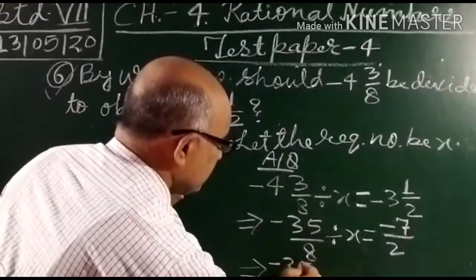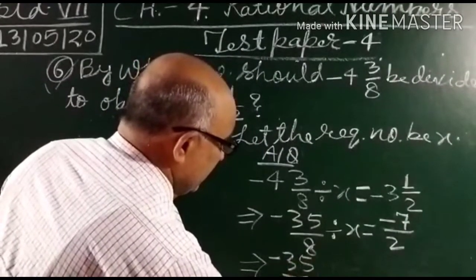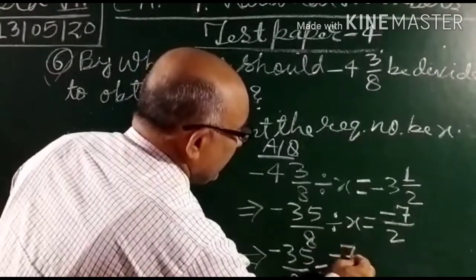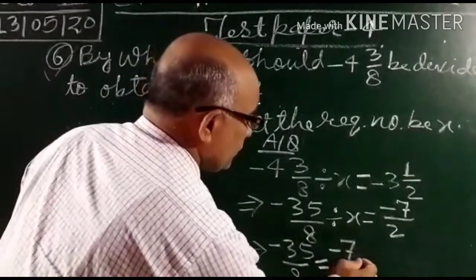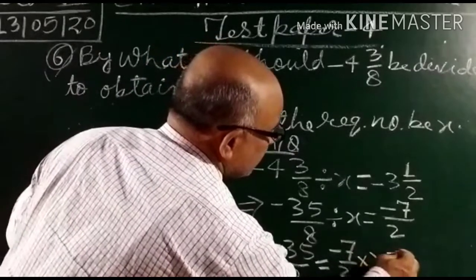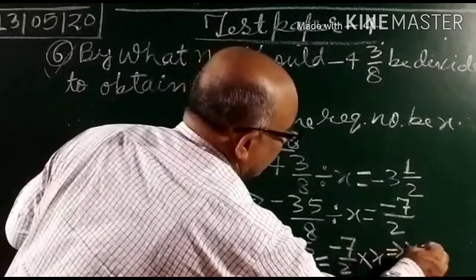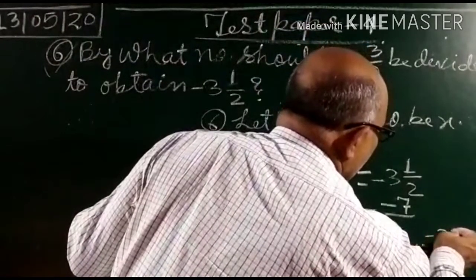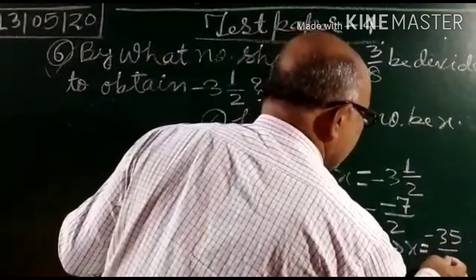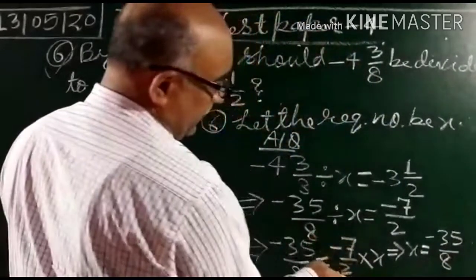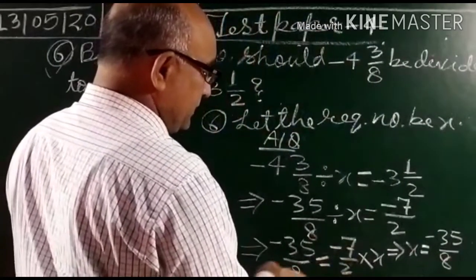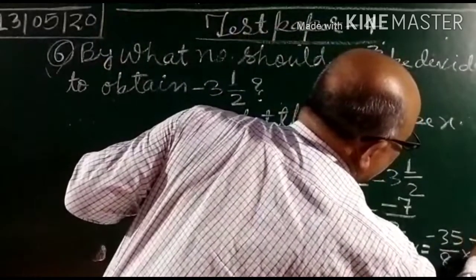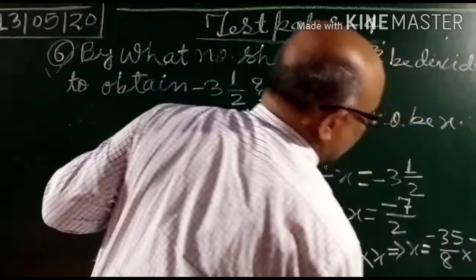That implies -35 by 8 equals -7 by 2 multiply x. That implies x equals -35 by 8 divided by -7 by 2, by transposition change into -2 by 7 multiply -2 by 7.